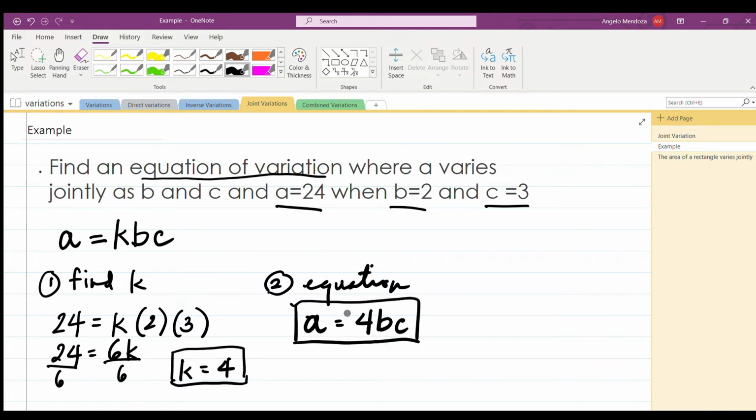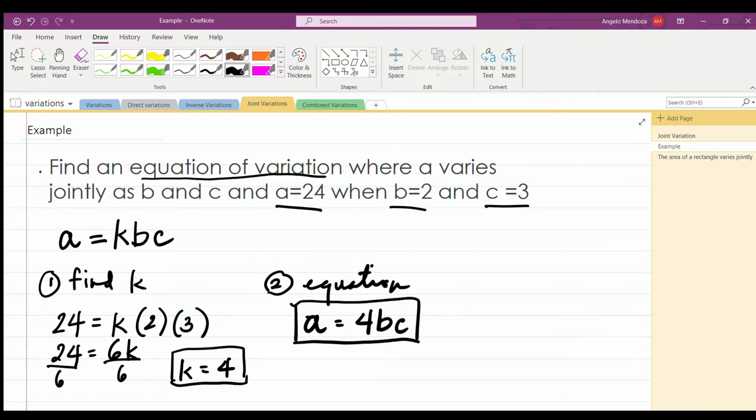Whenever you already have the equation of variation, you can now find any unknown variable. You just manipulate the values to obtain the unknown variable.